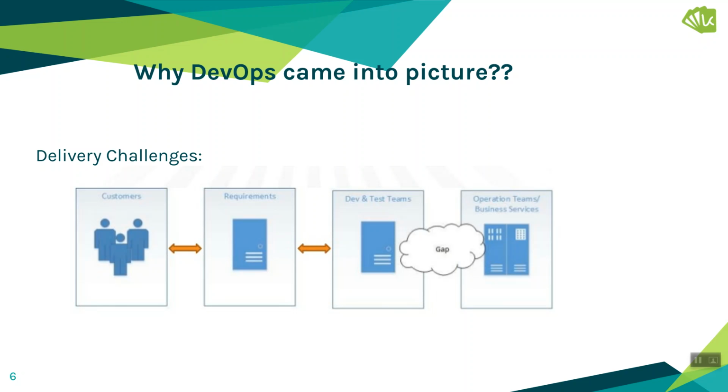In that phase, the customer identifies that, I was expecting this and it was delivered like this. So again the developer will take the code and customize the requirement depending on the customer expectation. That way it again gets delayed. There is always a gap between operations and development.